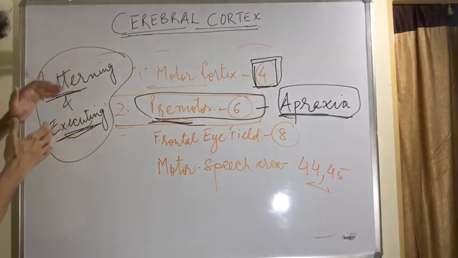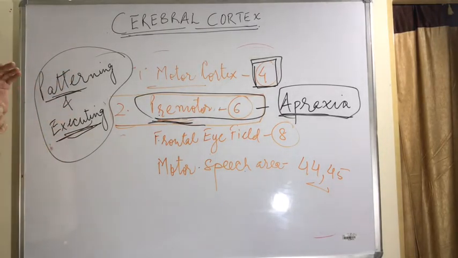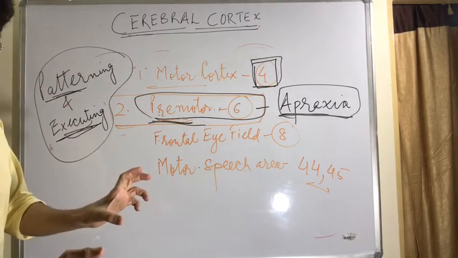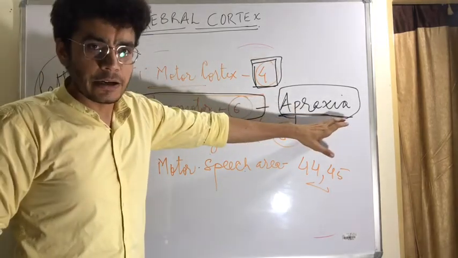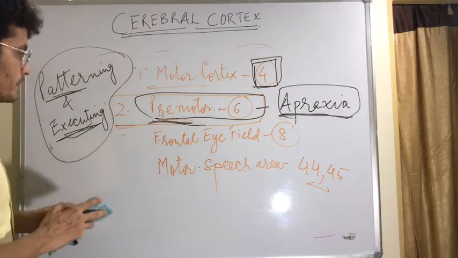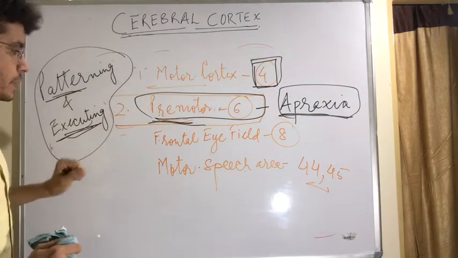So the pattern and sequencing of the execution of a complex movement will be lost, though the individual movement might be present. That is called apraxia. Apraxia happens when the premotor area is involved.